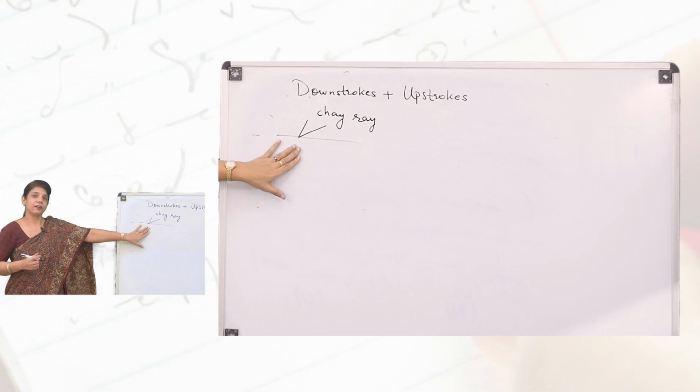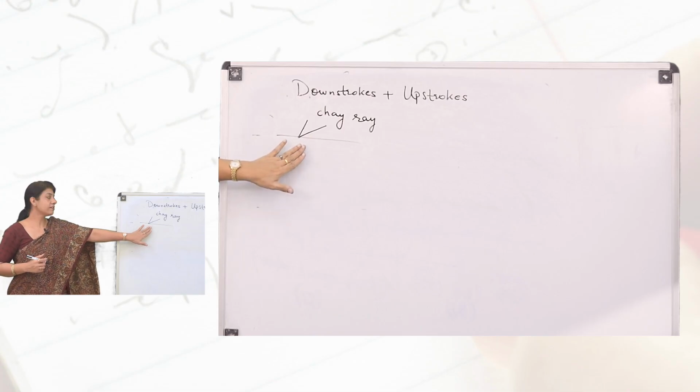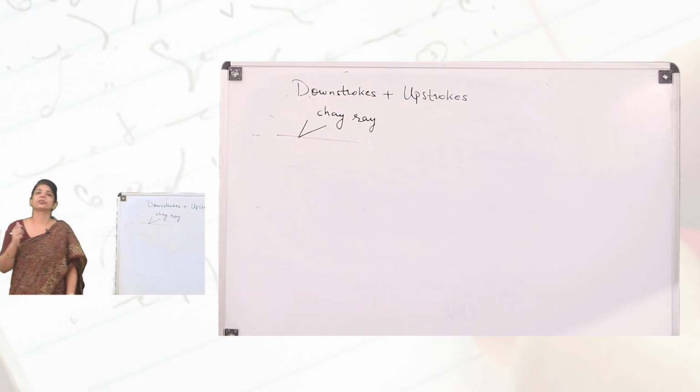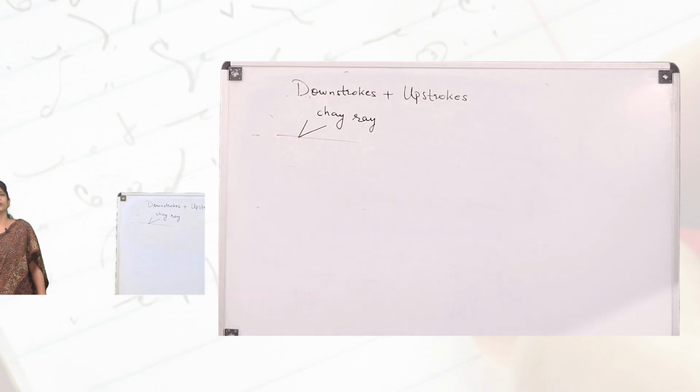That is the reason I'm repeatedly saying that you need to maintain the direction of the consonant. If it is a downstroke, please write it only from top to bottom. And if it is an upstroke, write it only from bottom to top. And if it is a horizontal, write it only from left to right.